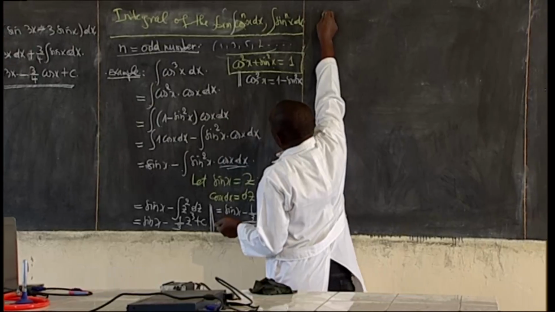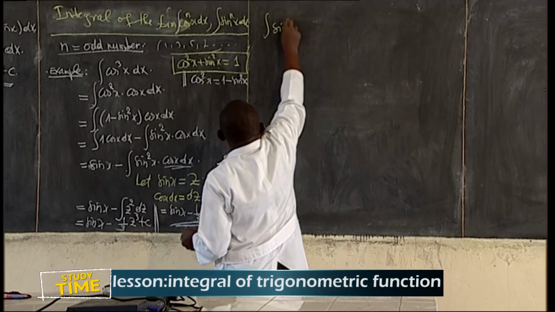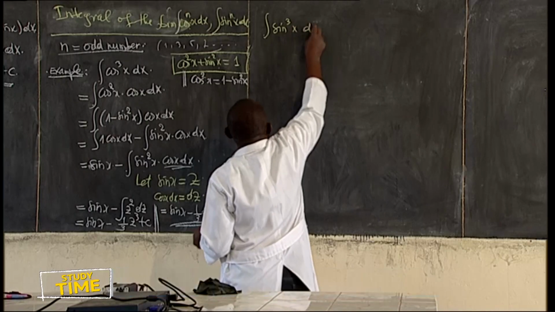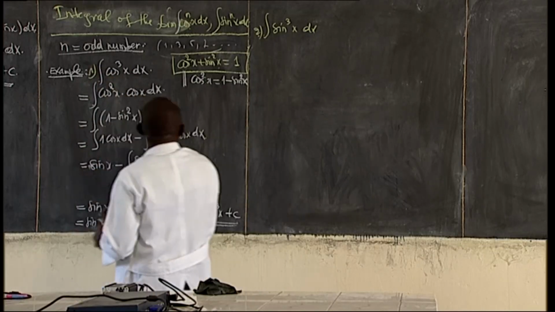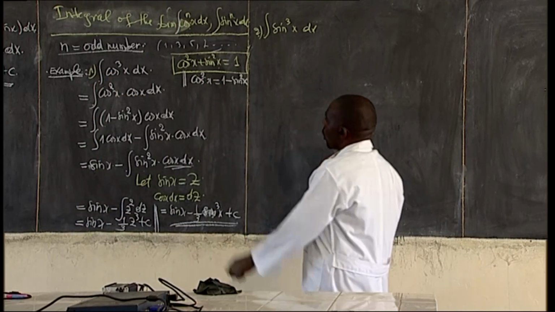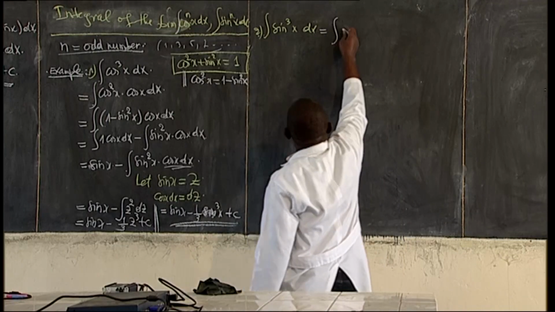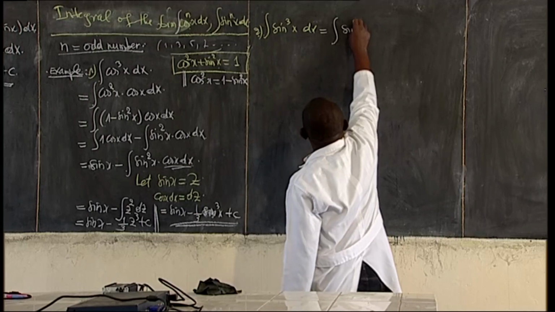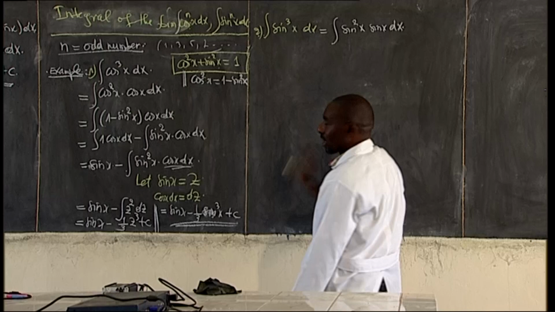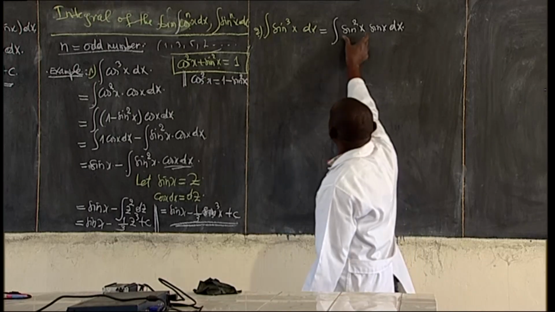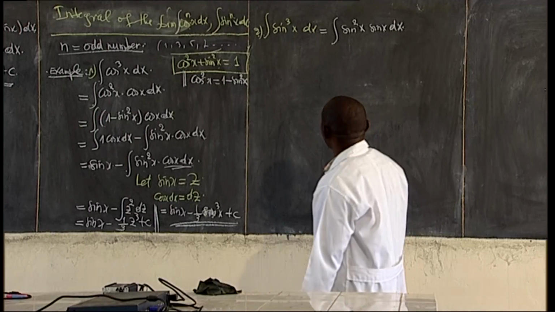I take integral of sine cubed x dx. This was number 1. Using the same method, I'll be having integral of sine squared x times sine x dx. And I express sine squared x in terms of cosine squared of x.